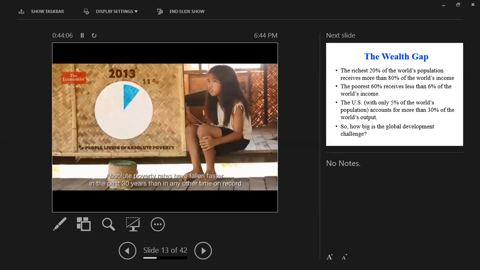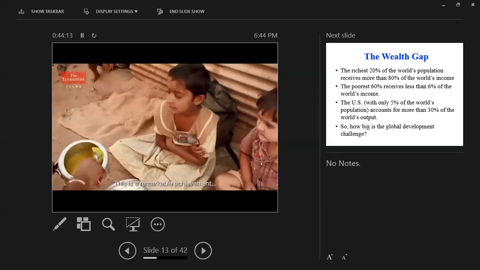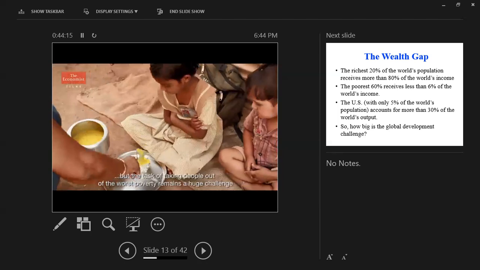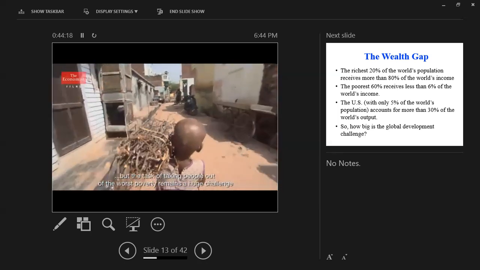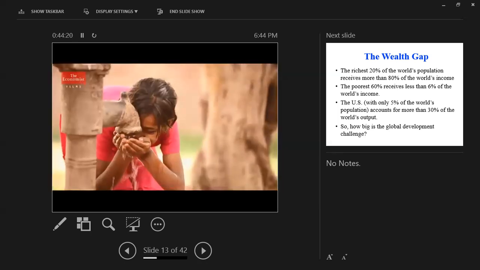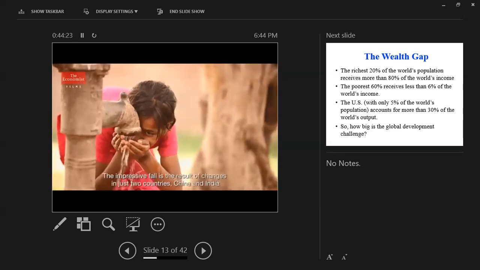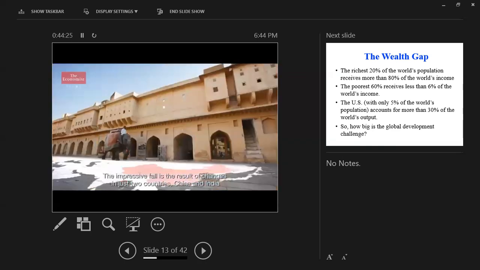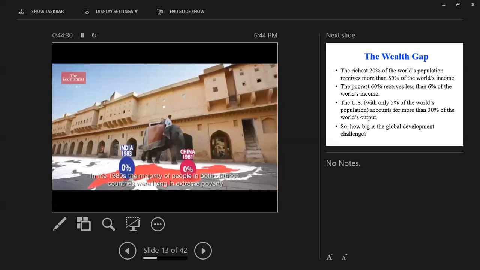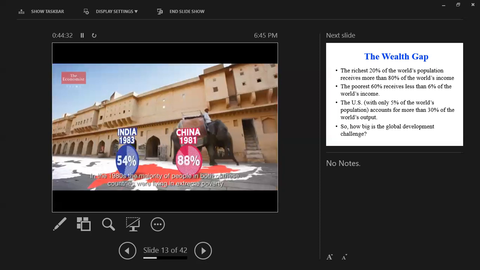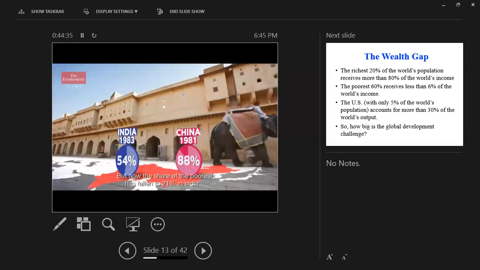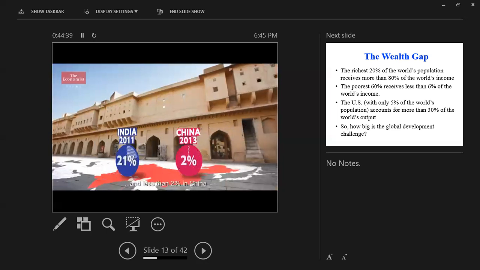Absolute poverty rates have fallen faster in the past 30 years than in any other time on record. This is a remarkable achievement, but the task of taking people out of the worst poverty remains a huge challenge. The impressive fall is the result of changes in just 2 countries, China and India. In the 1980s, the majority of people in both of these countries were living in extreme poverty. But now the share of the poorest has fallen to 21% in India and less than 2% in China.